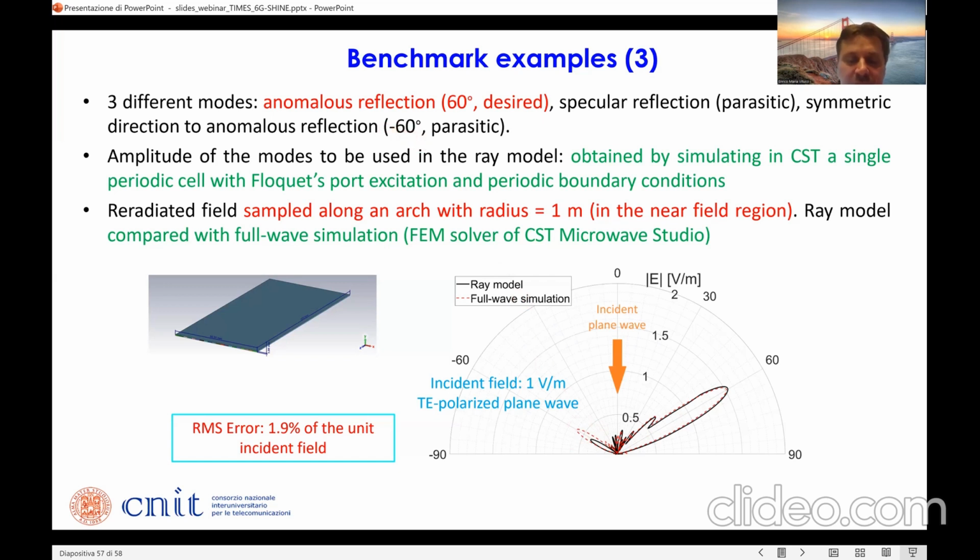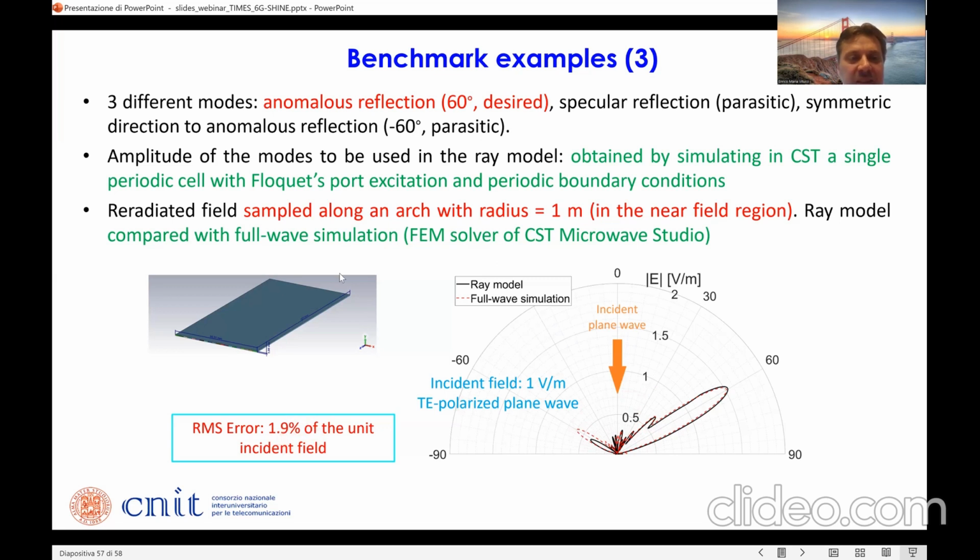Anyway, the deviation is quite small. In the end, the overall error on all the receivers is 1.9% of the unit incident field.